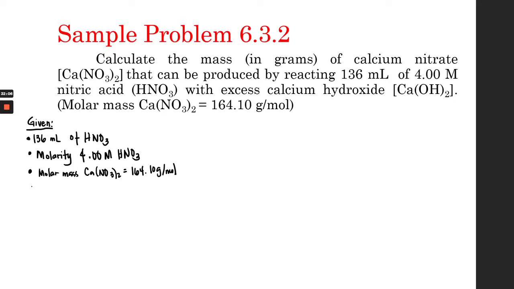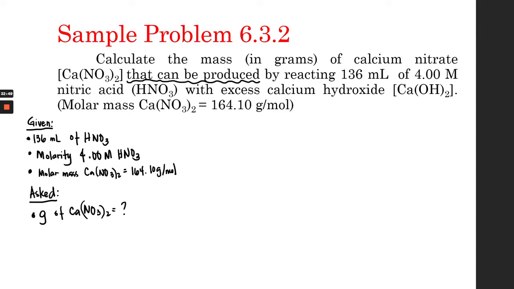Okay, so what are they asking us? Here it says calculate the mass. So we know that it's looking for grams, but which grams? Calculate the mass of calcium nitrate. So we're looking for the grams of calcium nitrate that can be produced by reacting 136 mL of 4 molar nitric acid with calcium hydroxide.